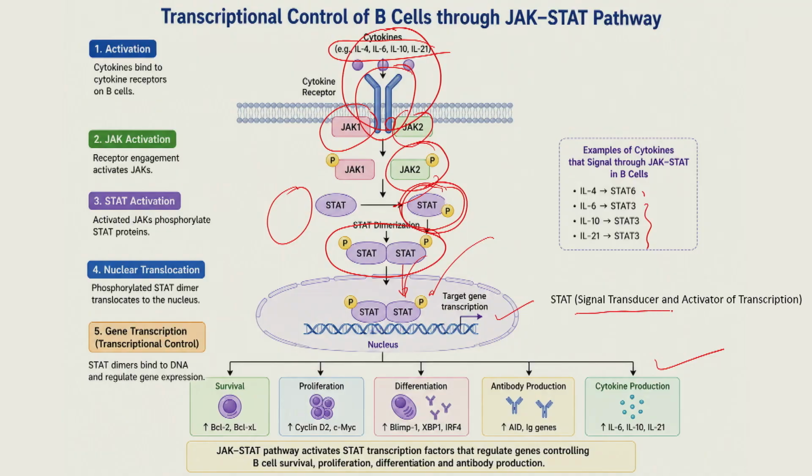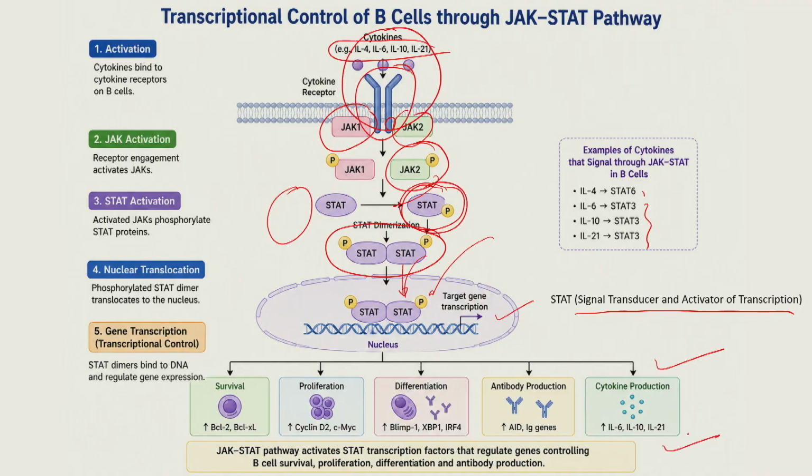We could identify the phosphorylated form of the STAT in the nucleus, while the non-phosphorylated form will always be in the cytoplasm, because these are the critical compartments which allow differentiation of the two forms. Immediately after phosphorylation, it can go inside the nucleus. Phosphorylated STAT is a very strong transcription factor that can bind to the genes and start transcription, and therefore these are called signal transducer and activator of transcription.